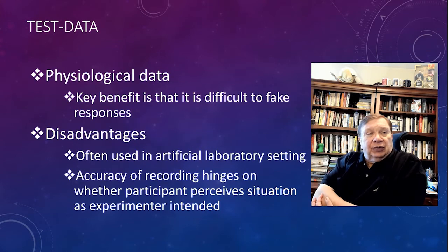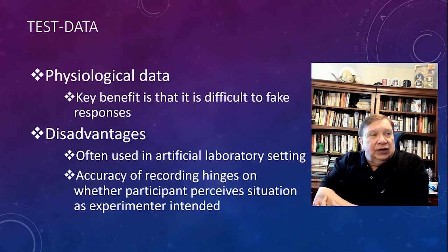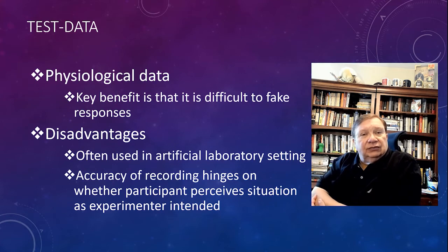There's some cool things about physiological data. It's hard to fake. It's hard to fake increase in heart rates. It's hard to fake increase in galvanic spin response. It can be done, but usually there's no motivation for the participants to do that.